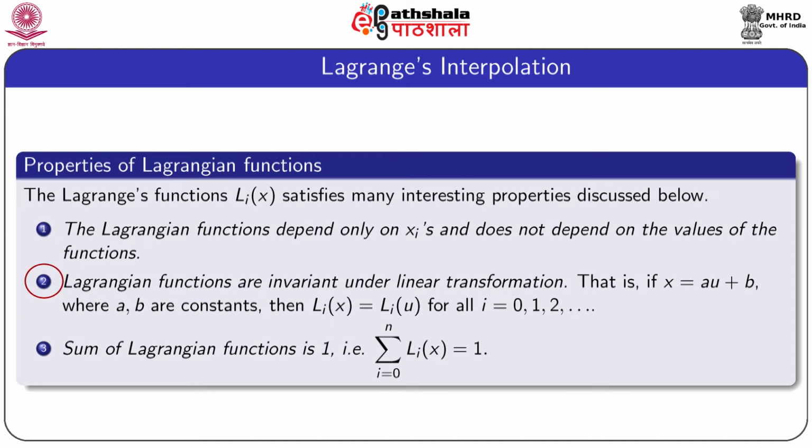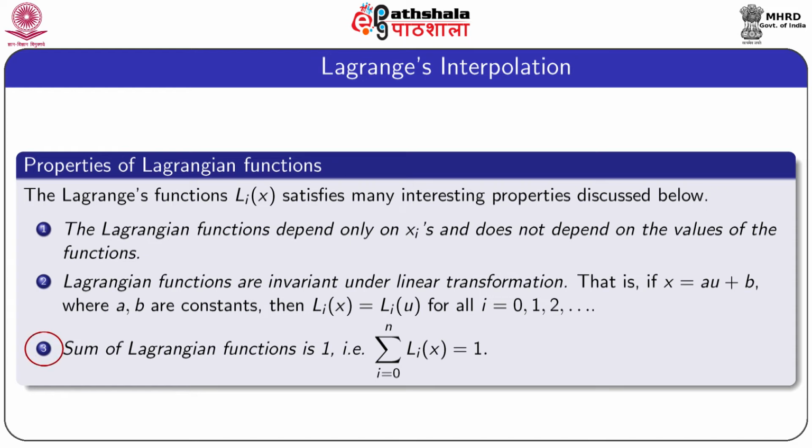The second observation is that Lagrangian functions are invariant under linear transformation. That means, if x equals a u plus b, where a and b are constants, then Li(x) equals Li(u) for all i equal to 0, 1, 2, etc. That means the Lagrangian function remains the same under linear transformation.